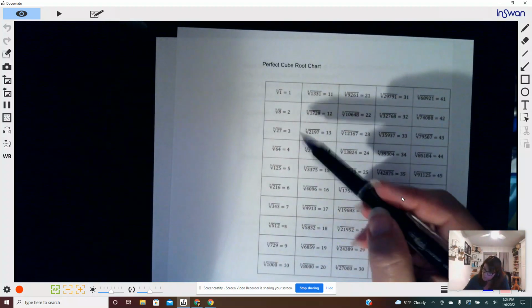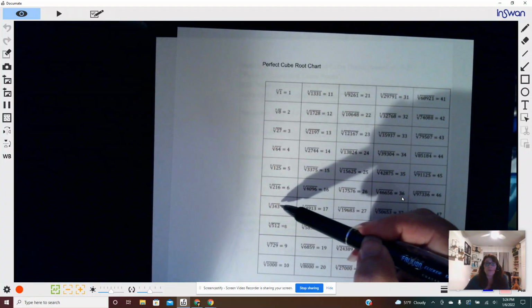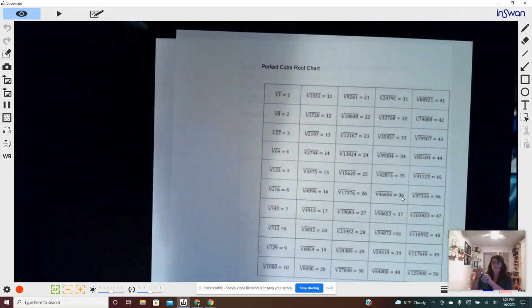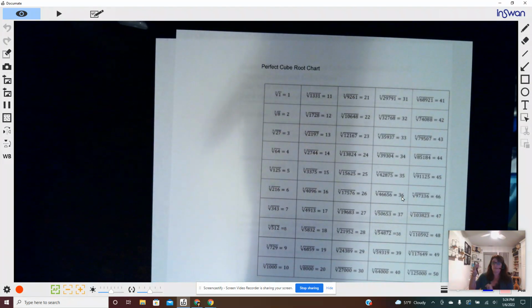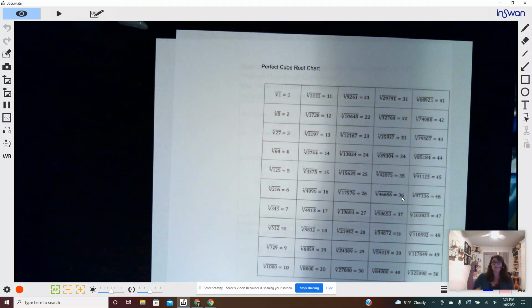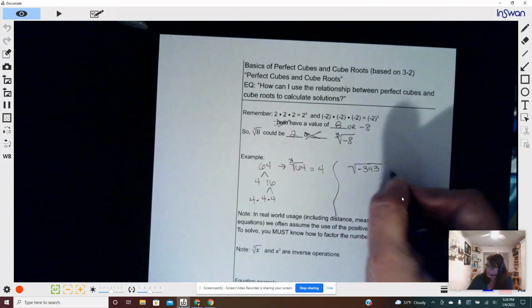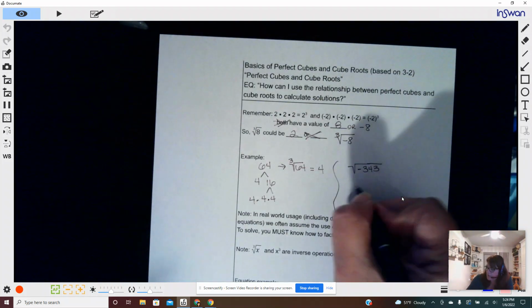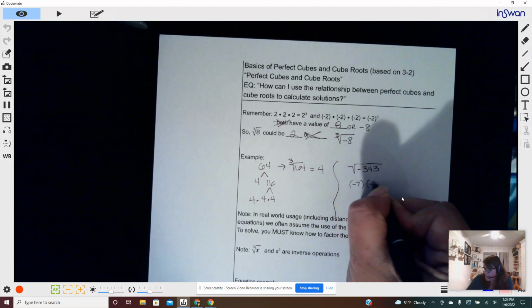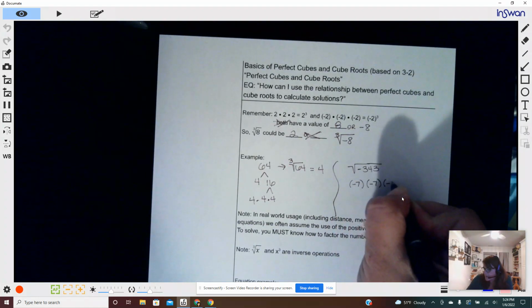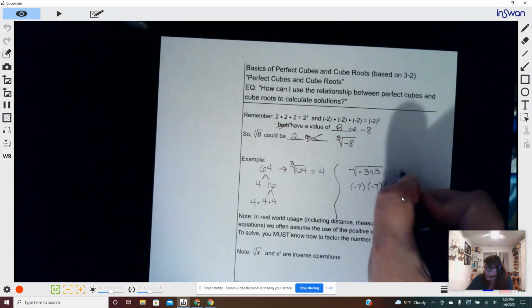If I look on my chart, 343 is just 7 times 7 times 7. 7 times 7 is 49. 49 times 7, 343. Okay, but it's negative. So I know this has to be negative 7 times negative 7 times negative 7.